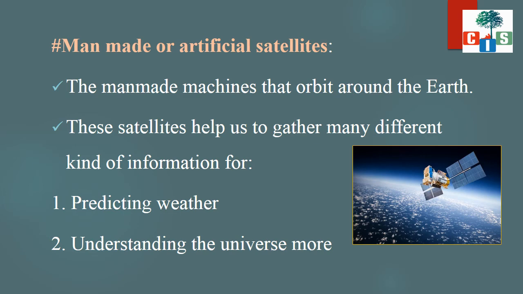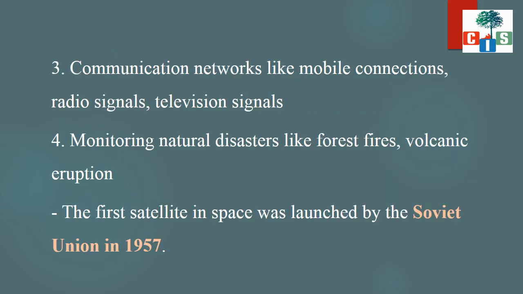They help us predict weather, they help us with communication, and even help us monitor natural disasters. If there is a fire somewhere, we can see it on TV. If there is a volcanic eruption, we can see it. So all these are the uses of these artificial or man-made satellites.